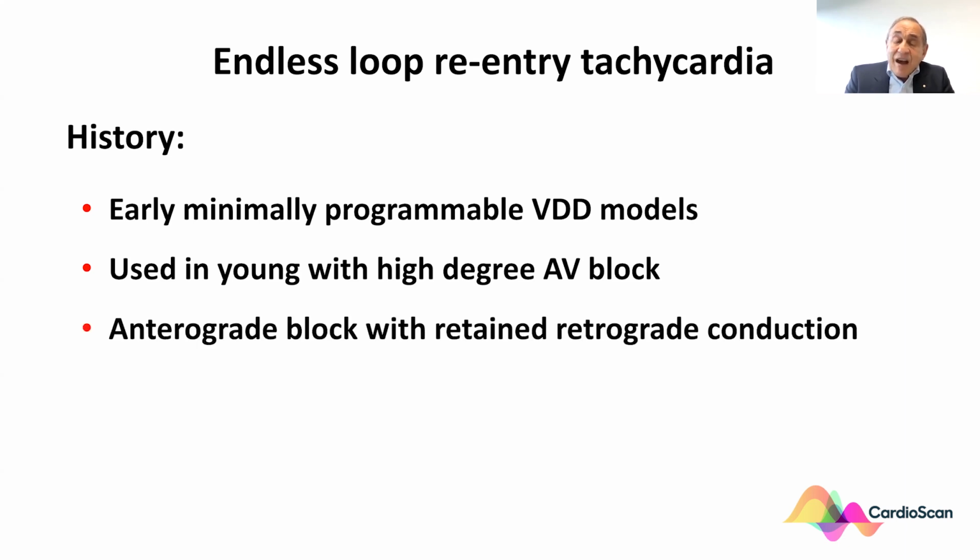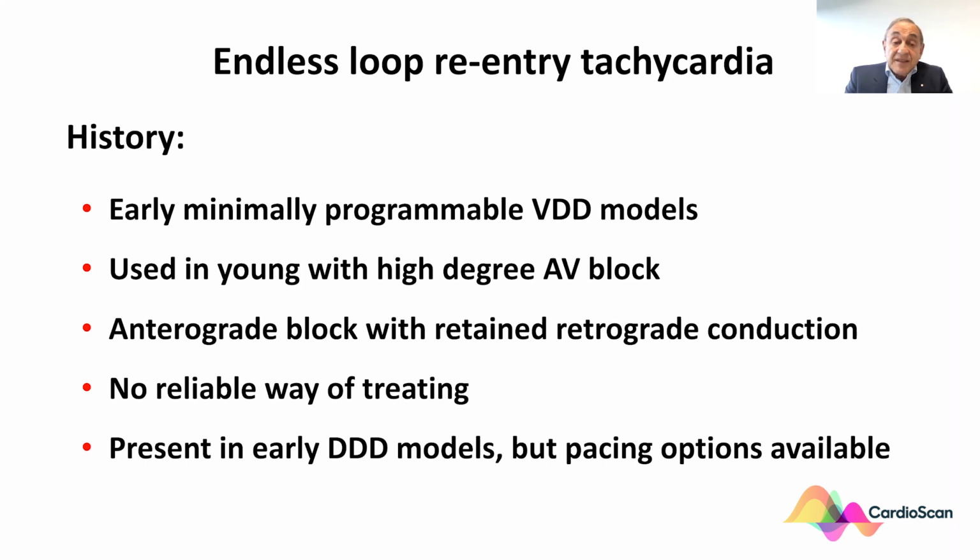You have to have a retained retrograde conduction to set up the endless loop, even though there is anterograde block. There was no way of treating this, and it was also present in early DDD models, but now pacing options were available by programming, and we could go back to ventricular VVI pacing if necessary.